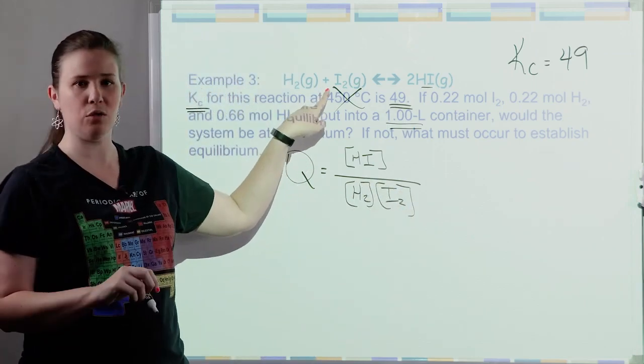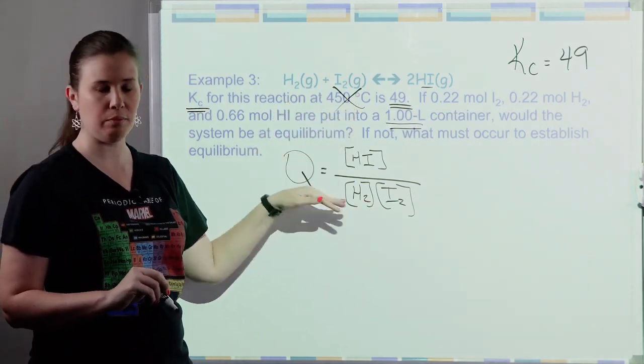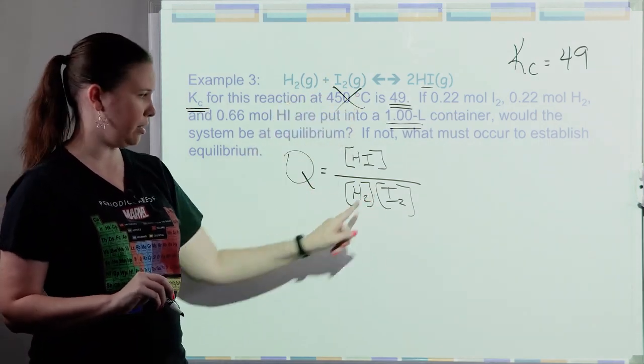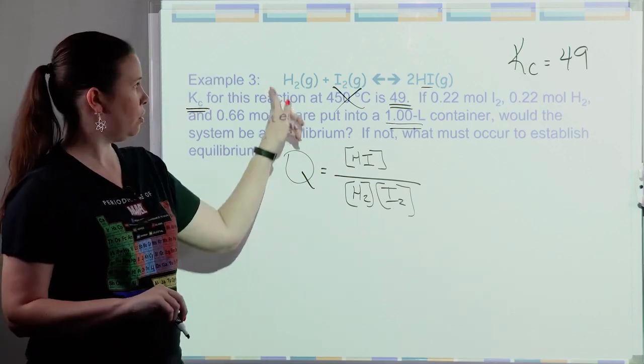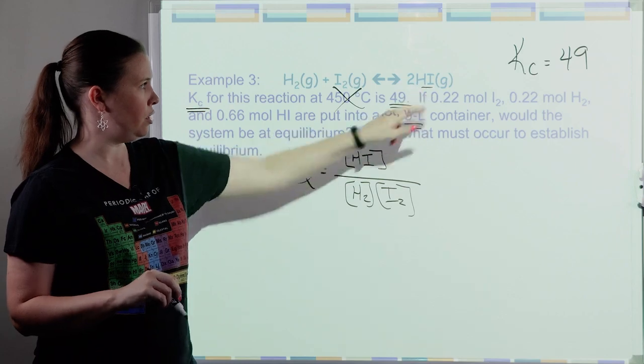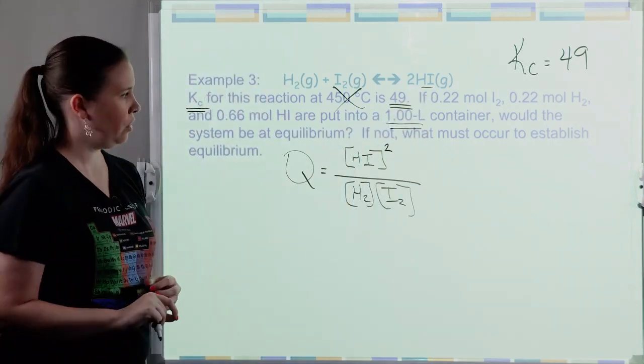Remember, this is just a notation that I have hydrogen and iodine. The math would be a multiplication, so there's no plus sign in between here. Once you have product over reactant, check your coefficients. 1, 1, don't need to do anything, but the 2 I'm going to need on the HI.